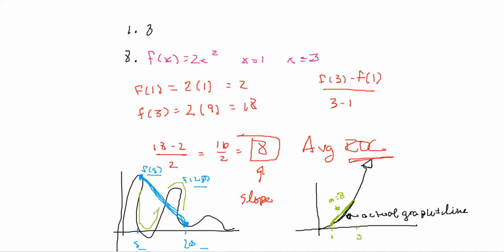Let's do number 16. So at time t in seconds, a particle's distance s of t in centimeters from a point is given on the table.